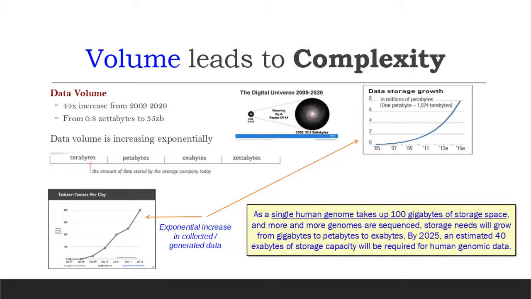Now, when you look at terabytes, petabytes, exabytes, zettabytes, look at those as factors of 1,000. So, for example, 1,000 terabytes is equivalent to 1 petabyte, and 1,000 petabytes is equivalent to an exabyte, and so forth.